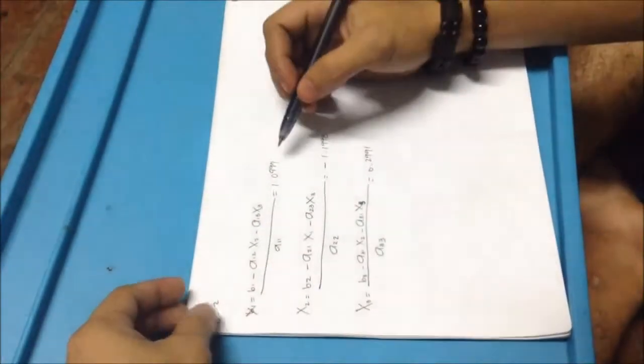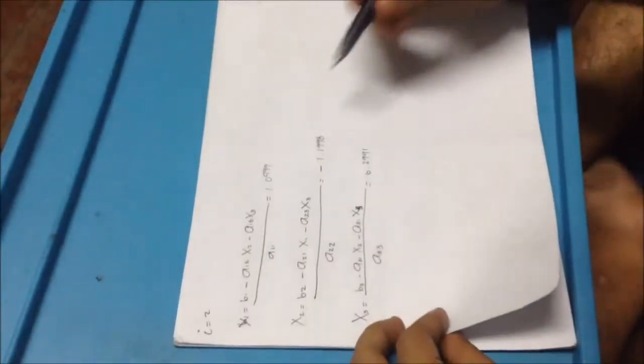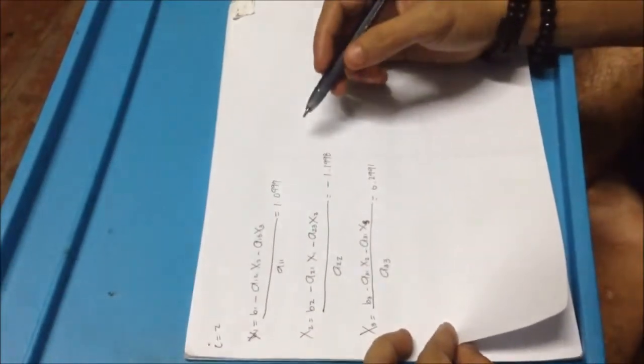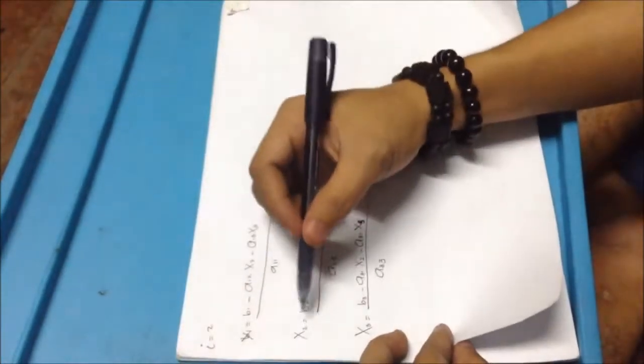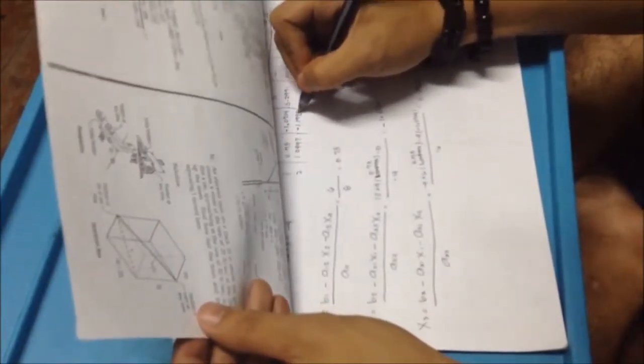Also in x sub 3, the value of percent error is equal to 100%. So for iteration 2, just use this formula also. By computing the value of x sub 1, we come up with 1.0497, and for iteration 2, for x sub 2, we come up with the answer of negative 1.1998.